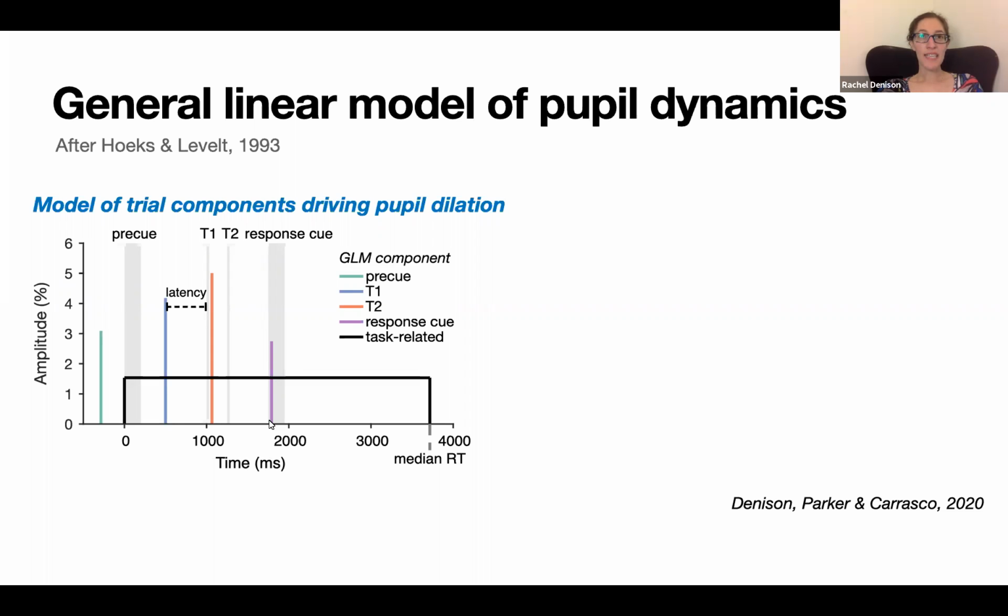Hoeks and Levelt found that while the form of the PRF is similar across observers, the exact timing can vary. Some observers' pupils dilate more quickly and some more slowly. So here we let the timing of the PRF peak vary with this parameter Tmax, which reflects the time to peak.